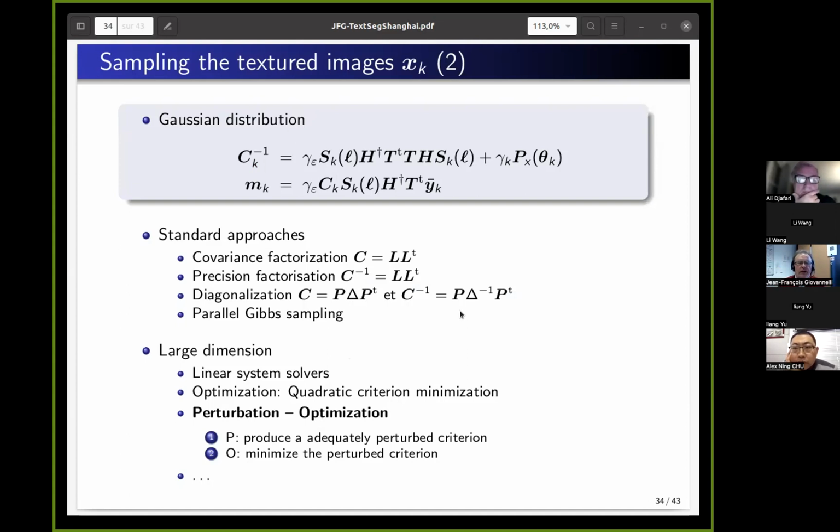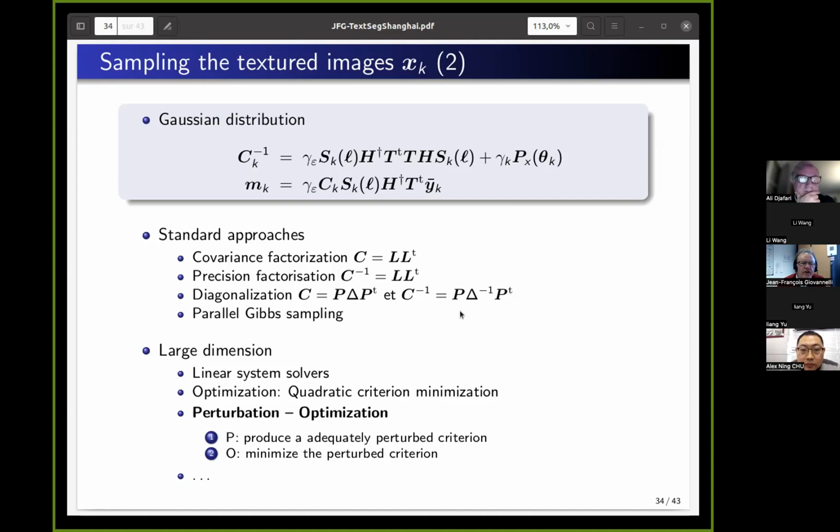Or it is also equivalent to solving a linear system. And then it is also equivalent to minimization of a quadratic criterion. I mean that minimization of a quadratic criterion is just equivalent to solving a linear system, is just equivalent to diagonalization or Cholesky factorization of a covariance. That's in fact the key idea.